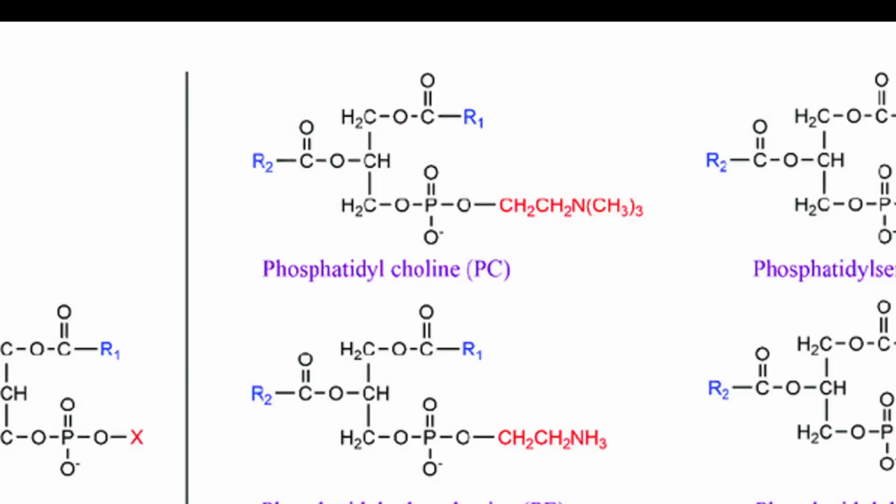Now, phosphatidylserine, which is our candidate here, has, instead of X, the serine amino acid attached to the glycerol backbone here, and R1 and R2 can be any long chain fatty acid. When this X group is replaced by choline or ethanolamine or glycerol, it gives all these other options that we saw: phosphatidylcholine, phosphatidylethanolamine, phosphatidylglycerol. All of these have distinct roles. But how does phosphatidylserine play a role in phagocytosis?